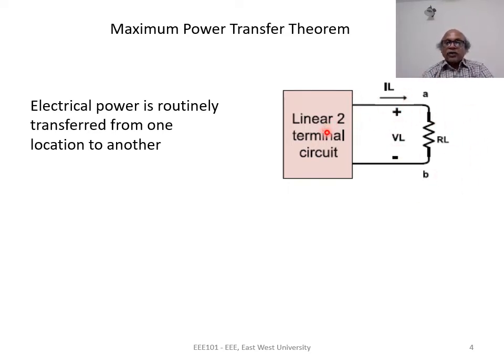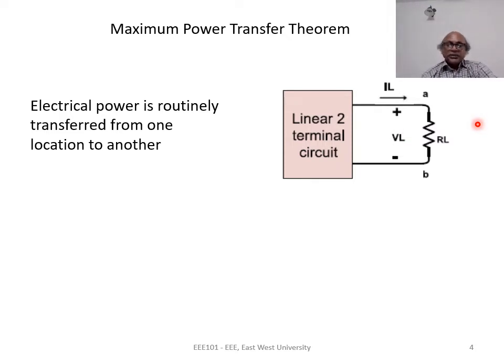The linear two-terminal circuit has produced a voltage VL across the load and a current IL through RL. So the load power is IL times VL. So we can see that this linear two-terminal circuit is transferring electrical power to this load resistance, and these two may be located at two different physical locations.